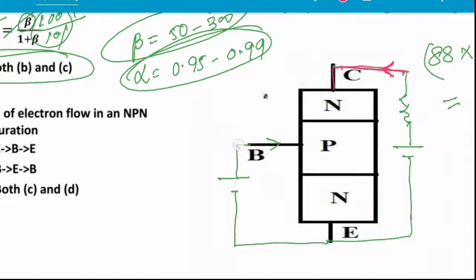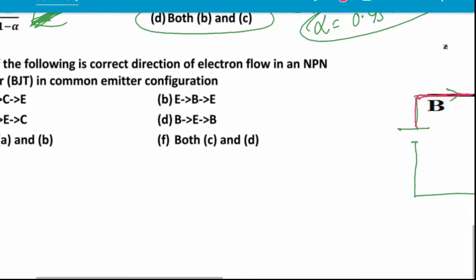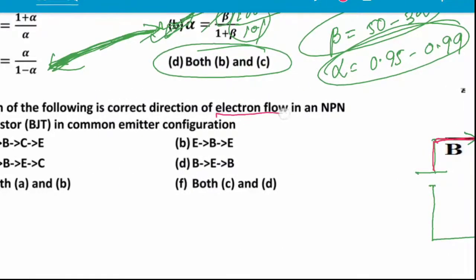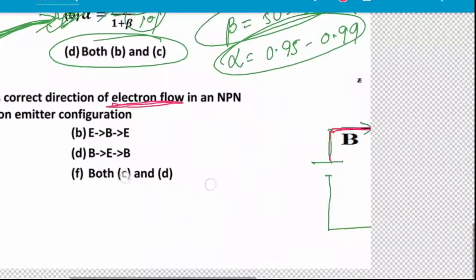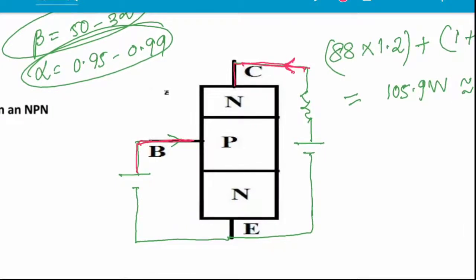So the current conduction path is this way. Here it is asking for electron flow, and electrons always flow from N to P, that is from here, this is one path and this is another path.